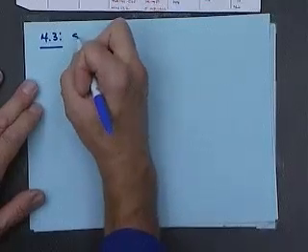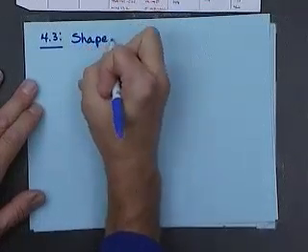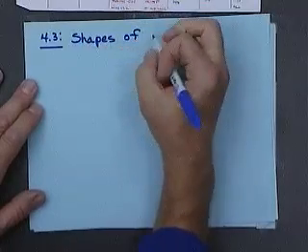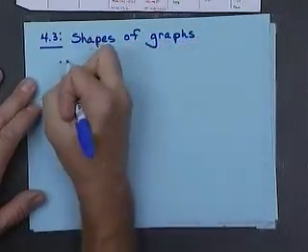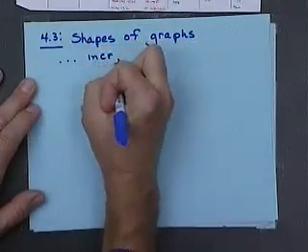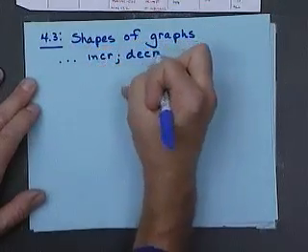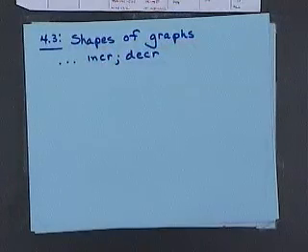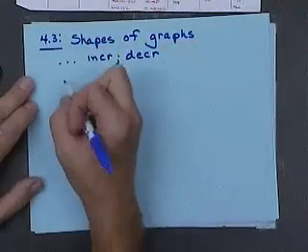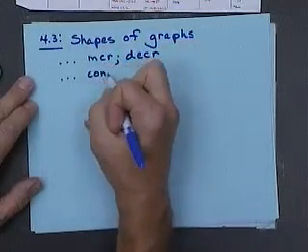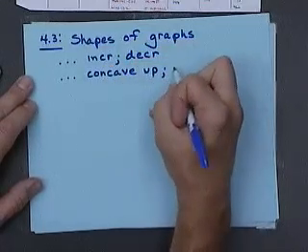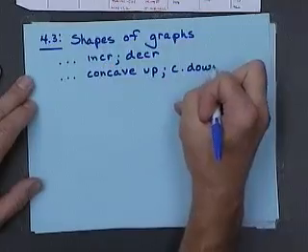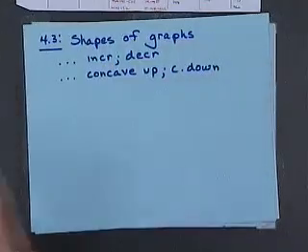So this is kind of the shapes of graphs from the standpoint of increasing and decreasing. We already know the flat part, we set the derivative equal to 0, and also concave up and concave down.